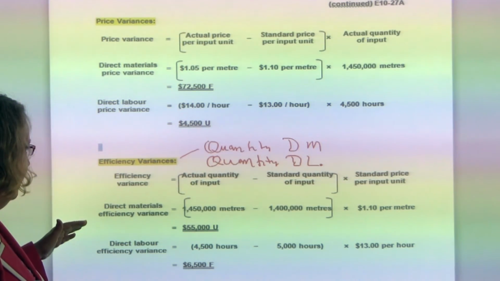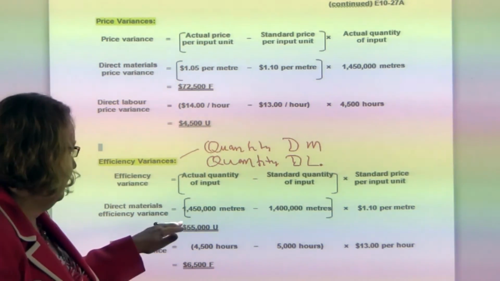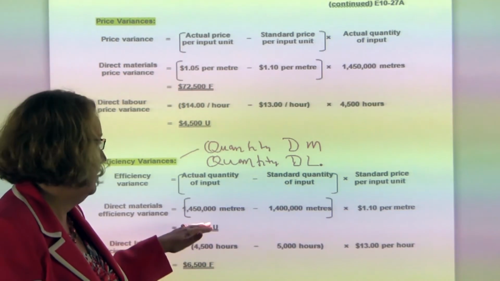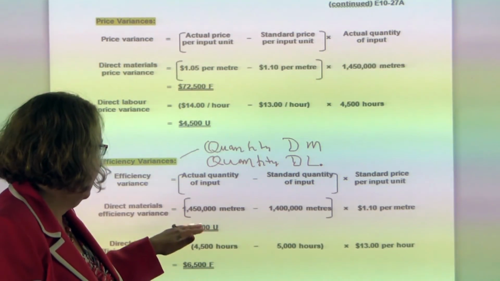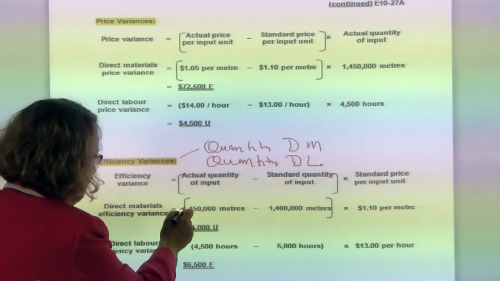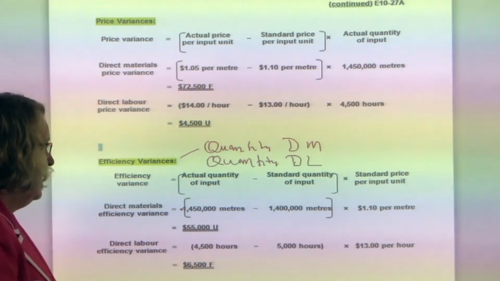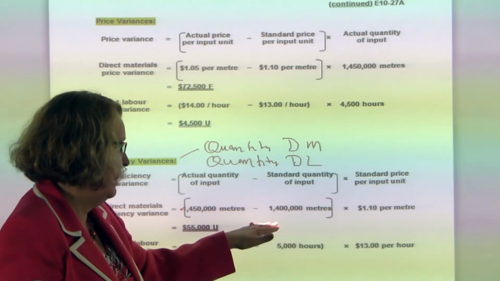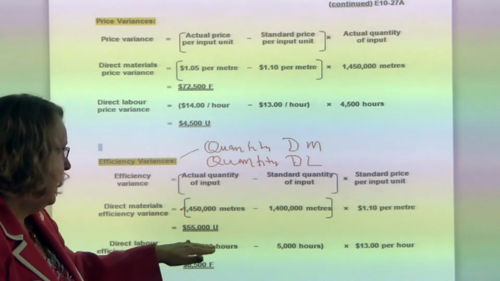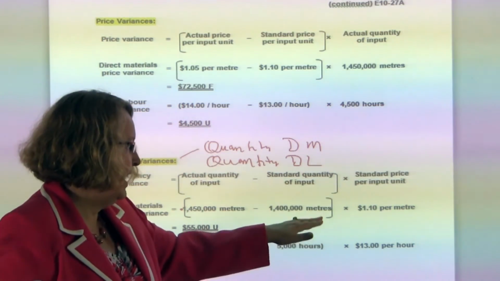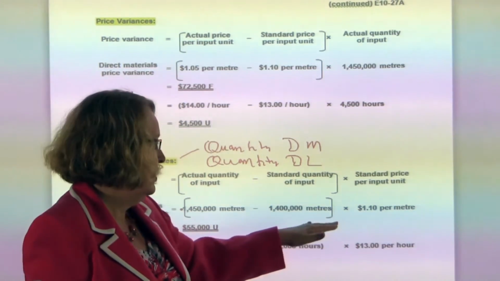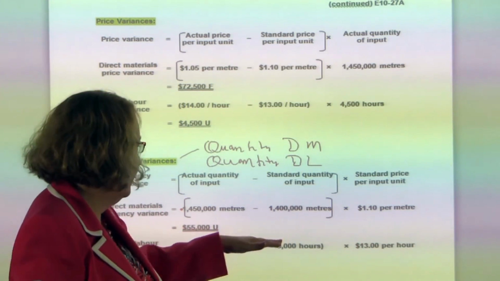So for the efficiency variance, the actual quantity of inputs was, you can see it there, 1,450,000 meters compared to 1,400,000 meters. You're multiplying that by the standard unit price, so it's $1.10 per meter.